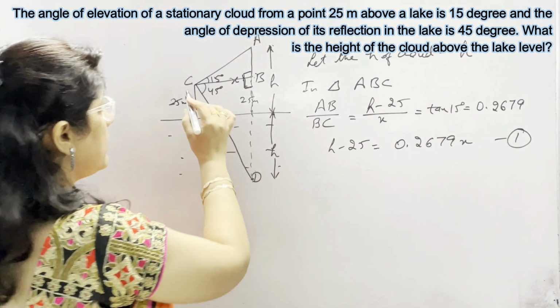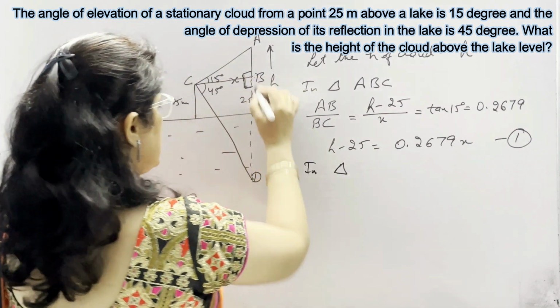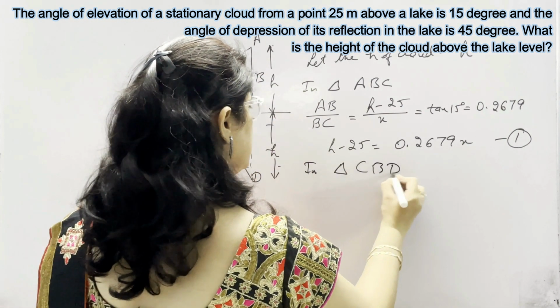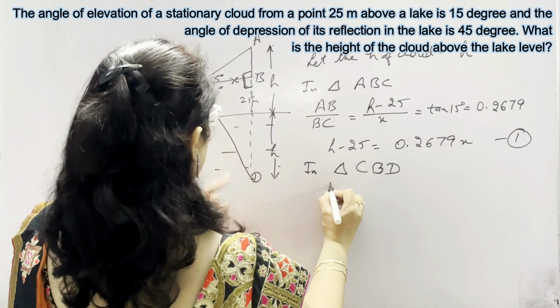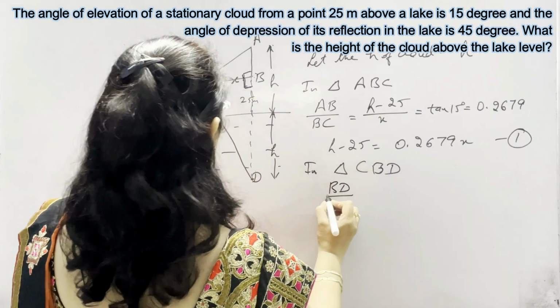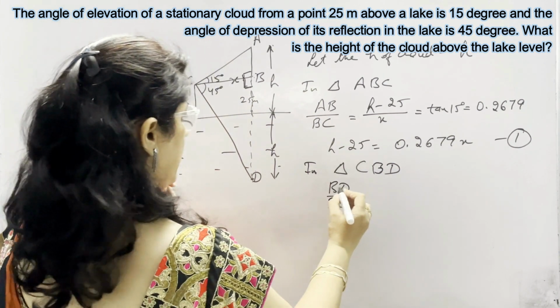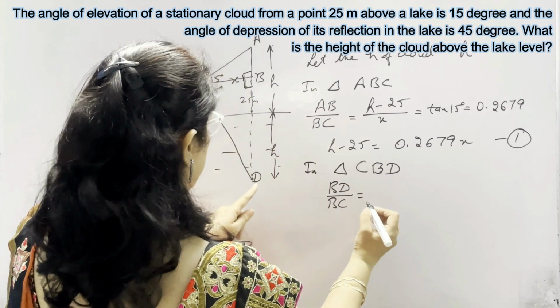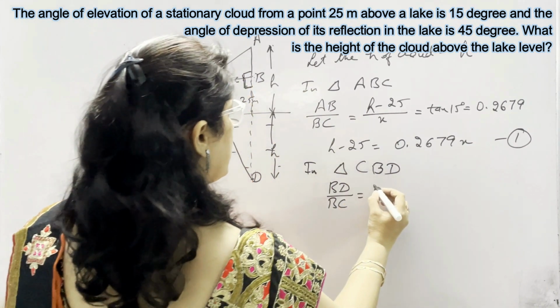Now in the next triangle, which is CBD, BD upon BC is equal to tan 45. Now what is the value of BD? H here and 25 here. So H plus 25.